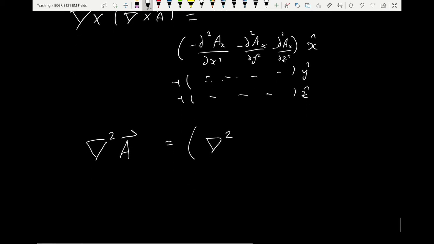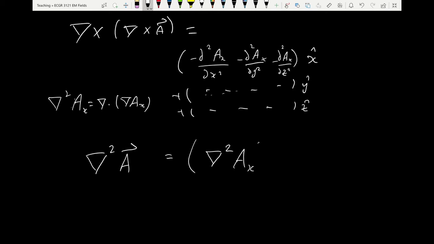It's the scalar Laplacian, the Laplacian of a scalar function Ax, the divergence of the gradient of Ax. So it's the scalar Laplacian of Ax, x hat, plus the scalar Laplacian of Ay, y hat, plus that of Az, z hat. Typically, we call the scalar Laplacian just the Laplacian, and for the vector Laplacian, we add the word vector.